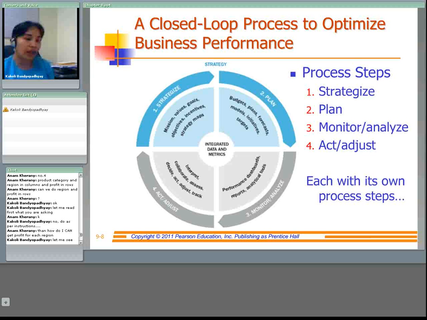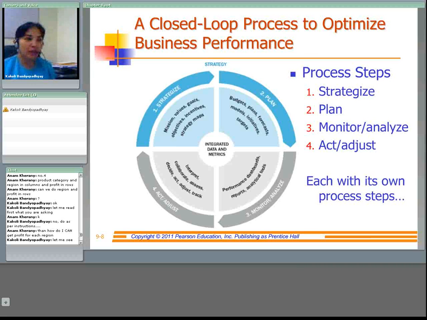And lastly, the staff execute the plans. They act and they adjust. So BPM processes and tools enable good management by making it easier for executives at all levels to identify, communicate and monitor key drivers of business value.